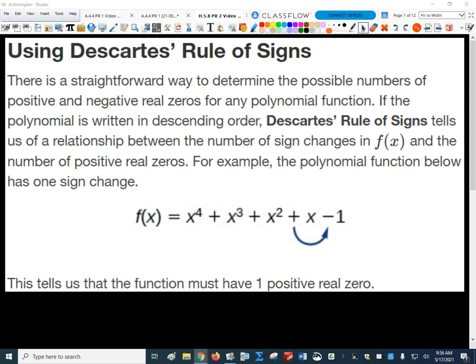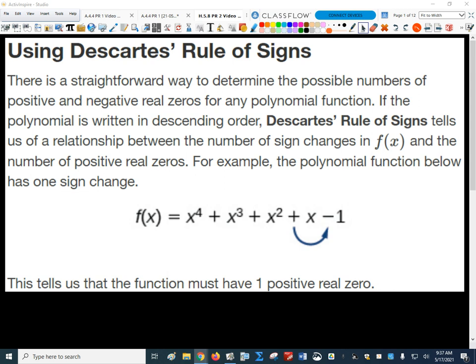But if you can possibly narrow that list down, that's really a good thing to be able to do, okay? Because sometimes the list can get pretty long. So this tells us that it's got exactly one positive real zero. And I'll tell you, we'll go into how many possible zeros you get based on the number of sign changes in a little more detail in a moment.